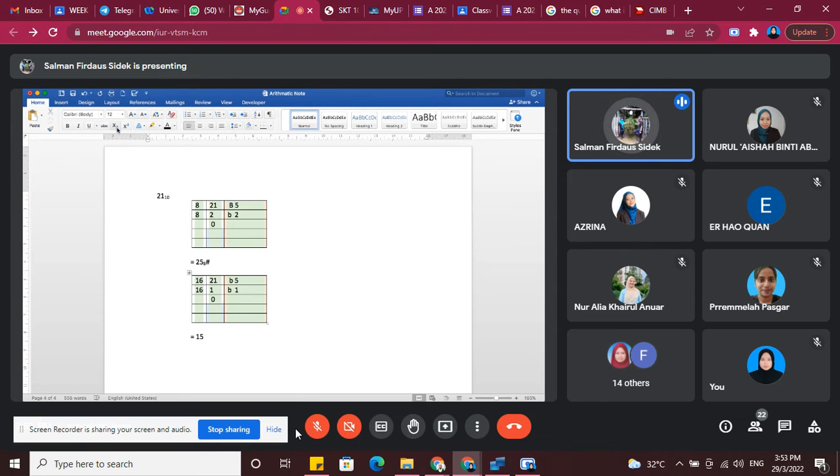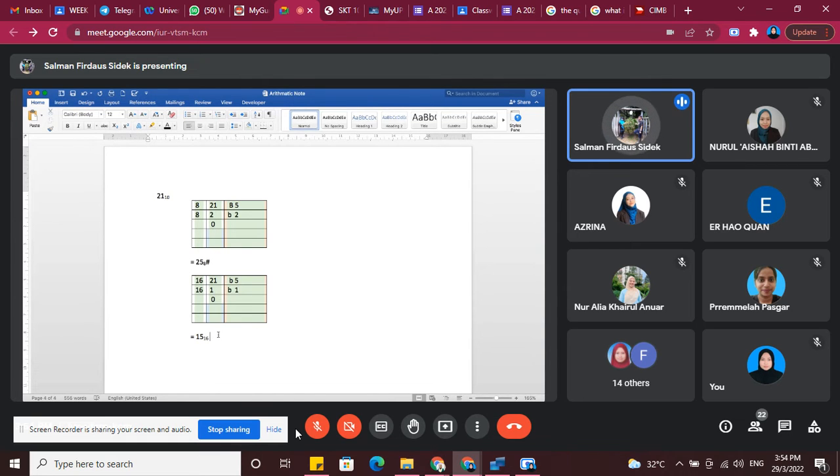Jadi makin sikit. Sebab apa? Sebab nombor jadi makin panjang. Okey, kalau tak percaya, cuba 15. Kita ada A, B, C, D, E, F. Tambah 6 kan? Cuba 15 tambah 6: 16, 17, 18, 19, 20, 21. Kita akan dapat 21. Sebab nombor kita jadi lagi panjang.